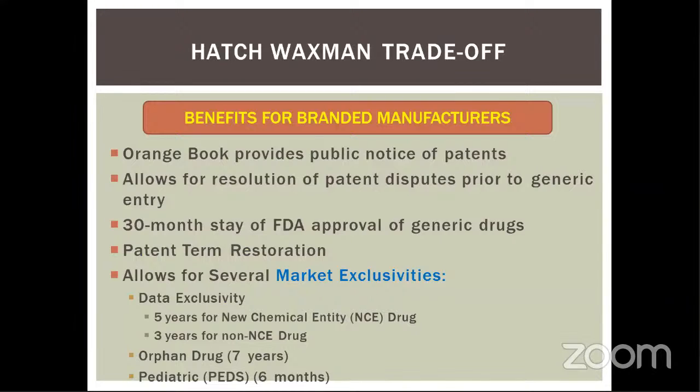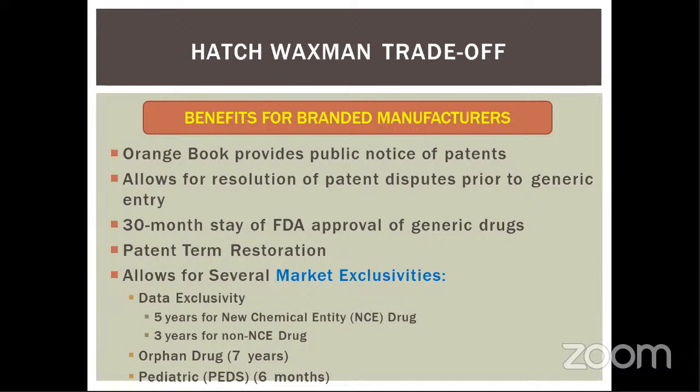So, according to this law, what is the benefit for branded manufacturers? Because if it is generic, then obviously the price will drop. First benefit: the Orange Book provides public notice of patents, and it also allows for resolution of patent disputes prior to generic entry. Another benefit is the 30-month stay of FDA approval of generic drugs.